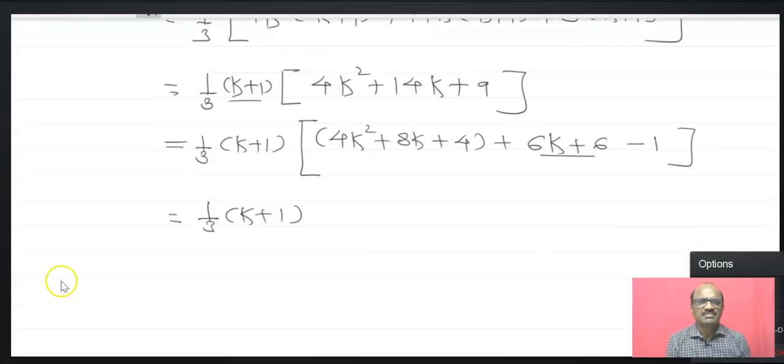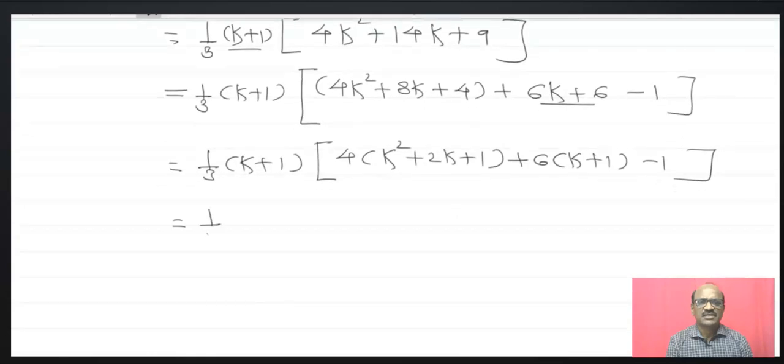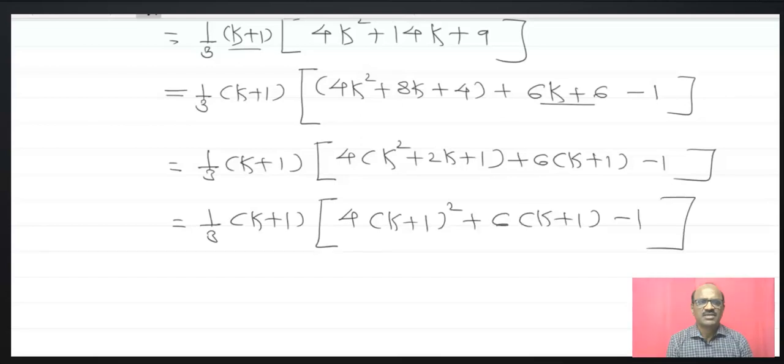Now see this again: 4k square plus 14k can be written as 8k plus 6k, that is 14k. 9 can be written as 4 plus 6 minus 1, that is 10 minus 1. We require it like this. Now the next is 4 (k square plus 2k plus 1) plus 6 (k plus 1) minus 1. Now 1 by 3 (k plus 1) (4 (k plus 1) square plus 6 (k plus 1) minus 1).